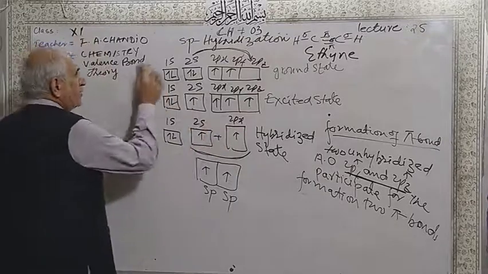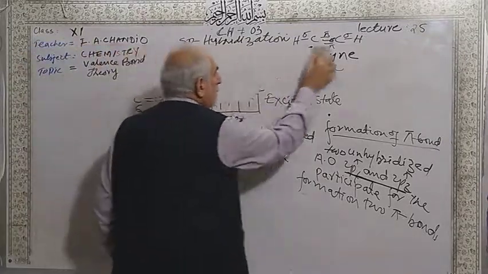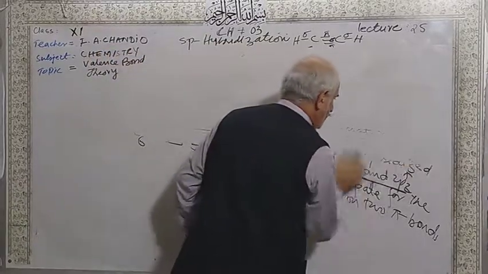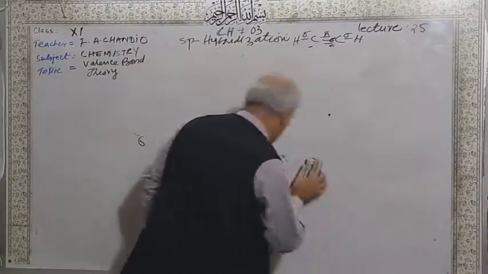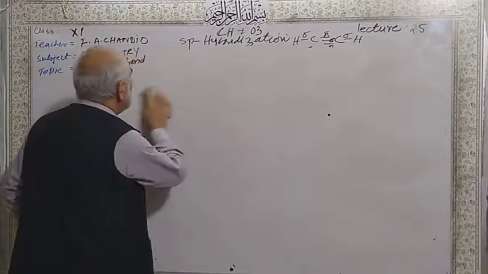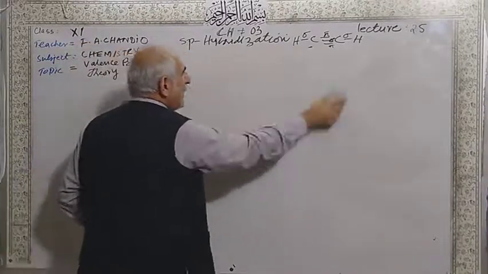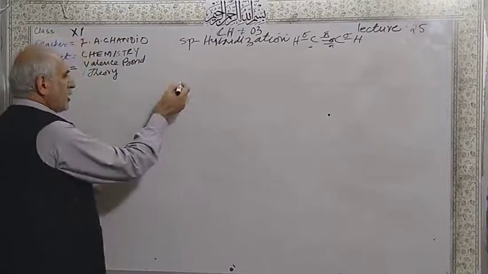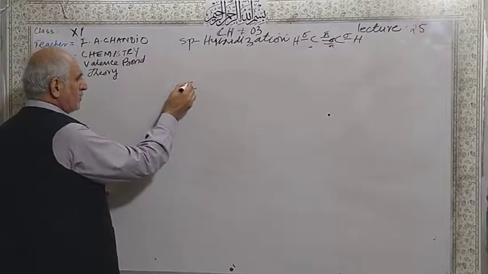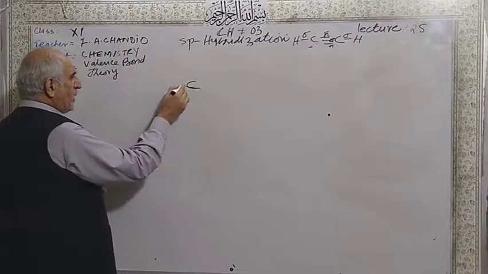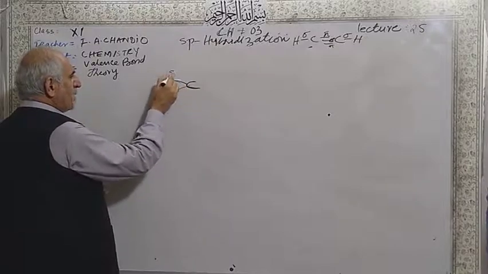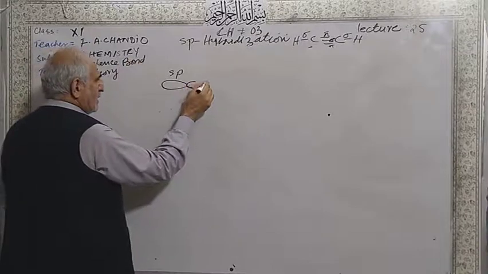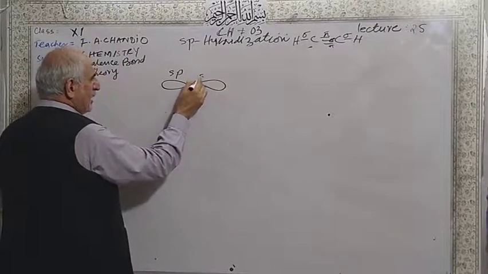Now the structure of ethyne, or acetylene. Now dear students, this is a carbon. One carbon has a 1sp, and the same carbon has another sp.